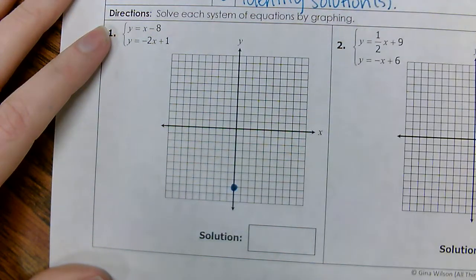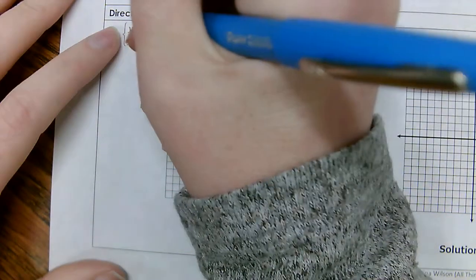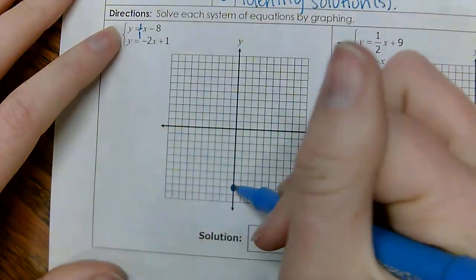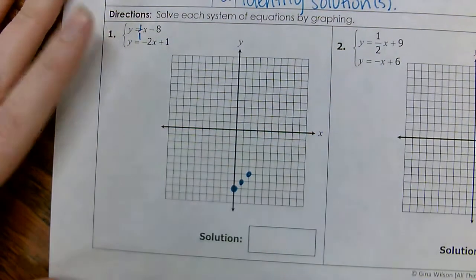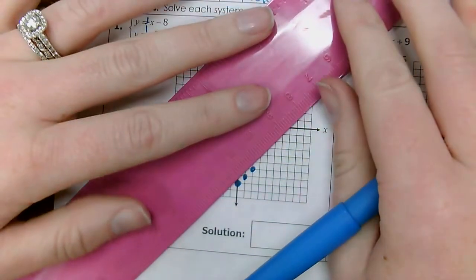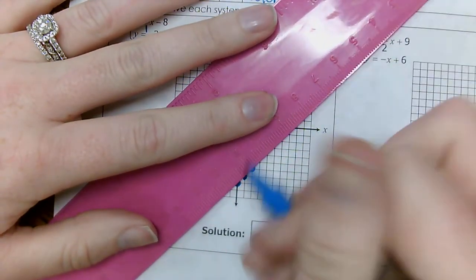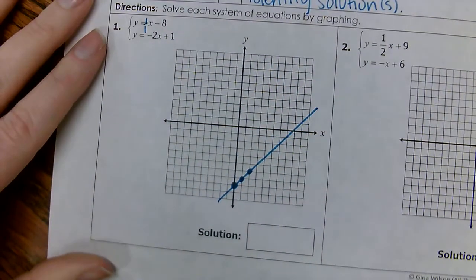So start there. And then my slope is positive 1 over 1. So I'm going to go up 1, right 1, up 1, right 1. And then use a ruler, your ID, some straight edge to make your line. Alright, that's the first line.